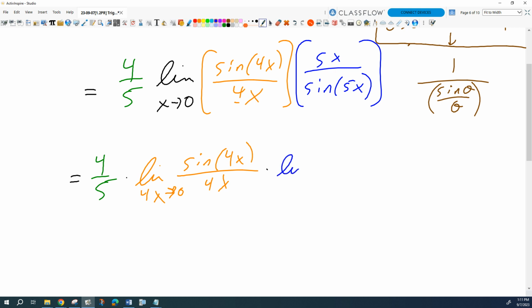Times the blue limit, and as x goes to 0, so does 5x.